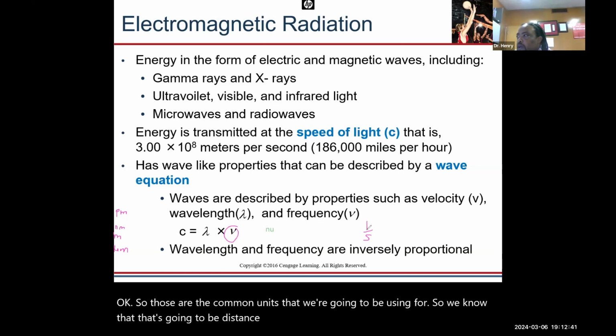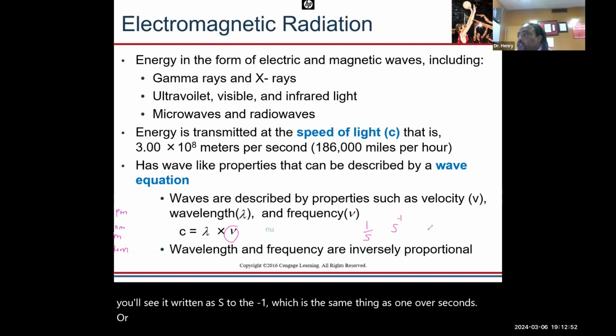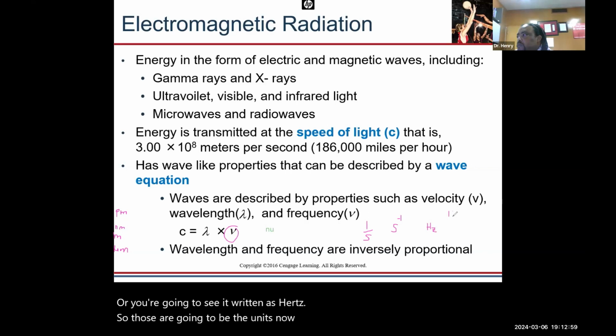Frequency is going to be 1 over seconds, or you'll see it written as s to the minus 1, which is the same thing as 1 over seconds. Or you're going to see it written as hertz. So those are going to be the units. Now, 1 hertz is going to be equal to 1 over seconds, so they're equivalent to each other.